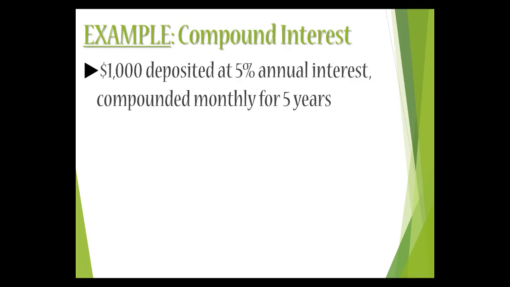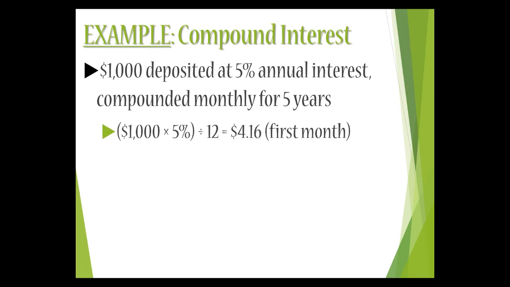So if I put $1,000 and deposit it at 5% annual interest, and we're going to compound that on a monthly basis for 5 years, I'd see that I would earn $1,000 times the 5% annual rate divided by 12. So really we're finding a monthly interest rate. And I find that I earned $4.16 in interest on the first month.